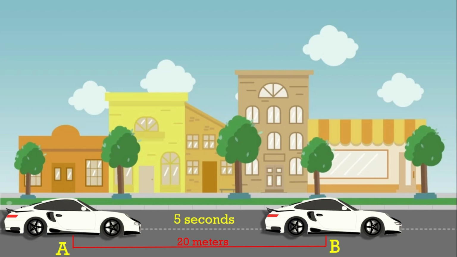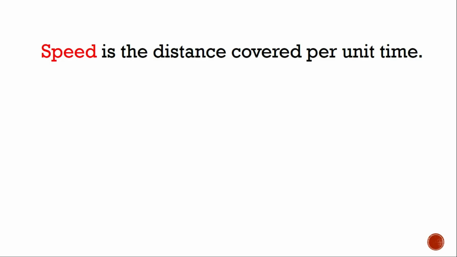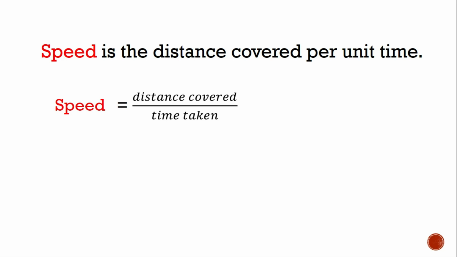Now this concept is what is called speed in science. If you look at the definition of speed, it is the distance covered per unit time. So speed is nothing but a simple ratio of the distance covered to the time taken to cover that distance.